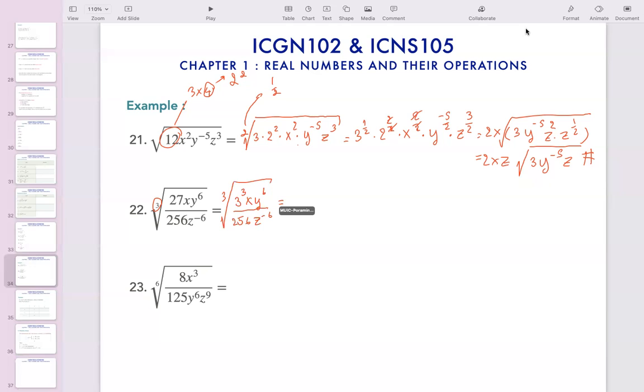Then I just take 3 out, y squared out. x is still in the cube root.